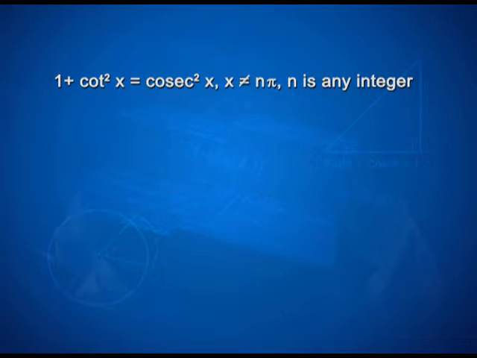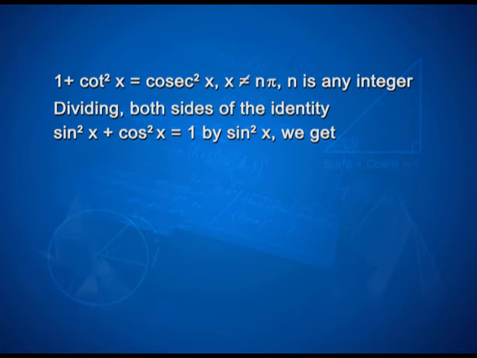Now, we will take up another identity: 1 plus cot square x is equal to cosec square x, x not equal to n pi, n is any integer. This we will do by dividing both the sides of the identity sin square x plus cos square x is equal to 1 by sin square x.